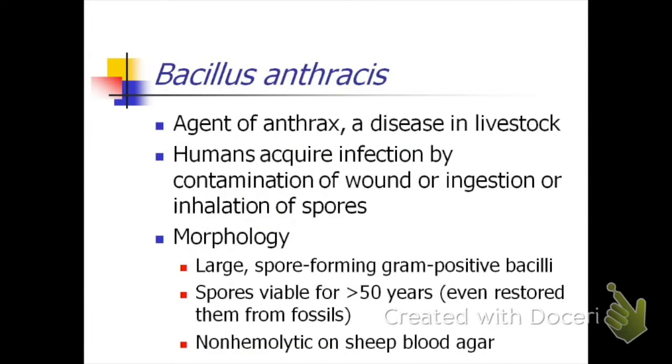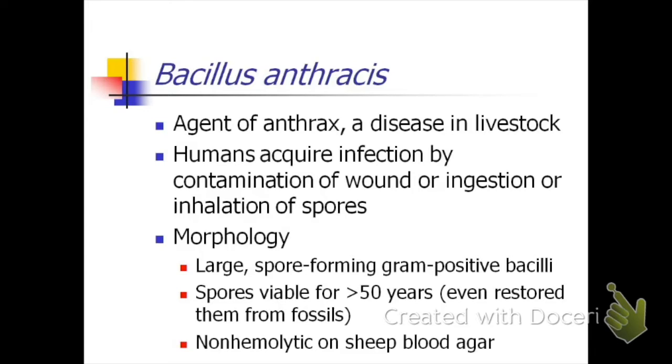Anthrax is actually a disease of the farm, because in the farm, particularly in the soil and in the fur, spores are found. Humans get accidentally infected through contaminated wounds, ingestion, or inhalation of spores.